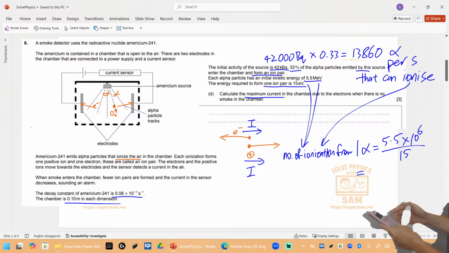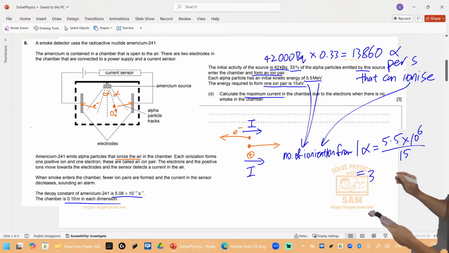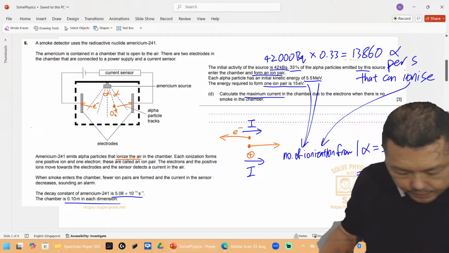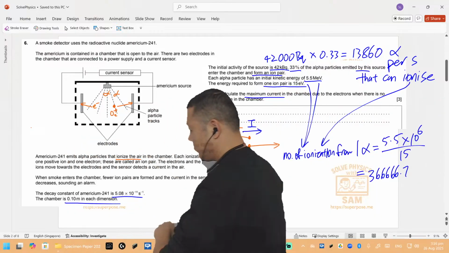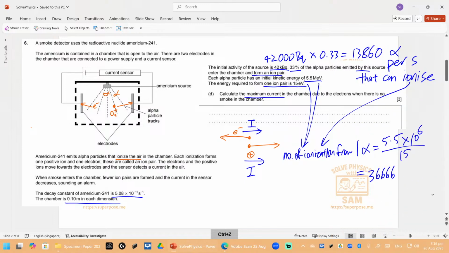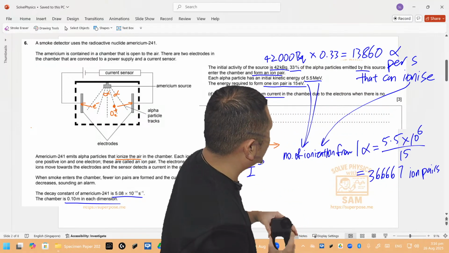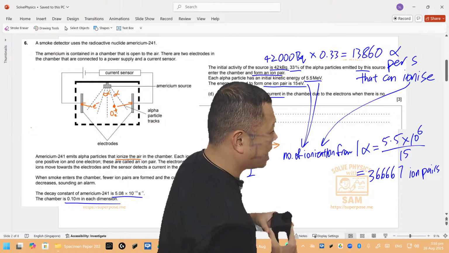I get, oh gosh, what a weird number, 3666.7 ion pairs.